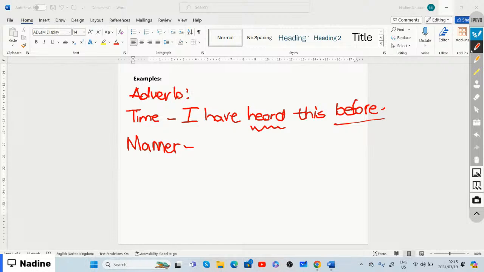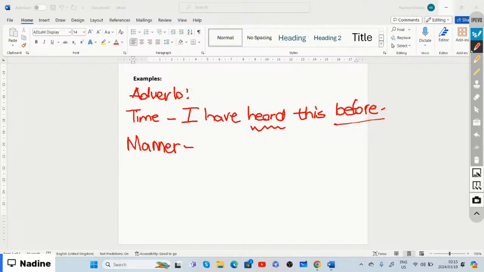So, for example, we have words like slowly, badly, quickly, hurriedly, quietly, beautifully, dignifiedly, delightfully, loudly, right? Those are words that end in ly, and they're adverbs of manner. They tell us how something happens.